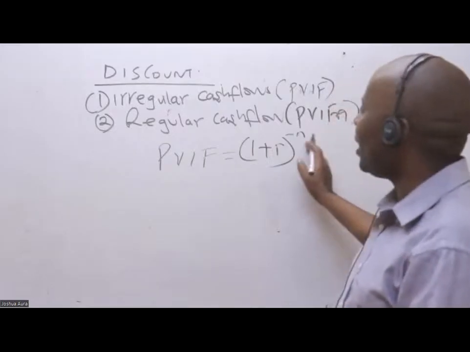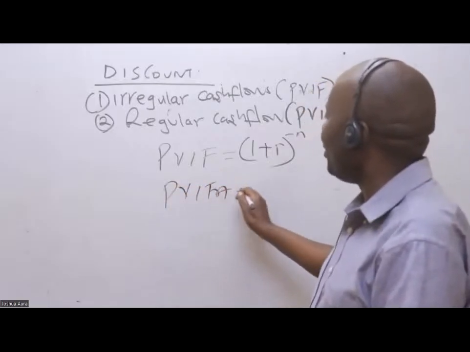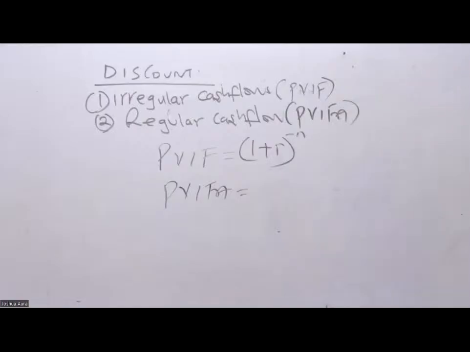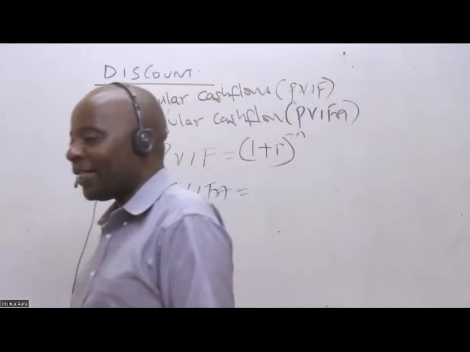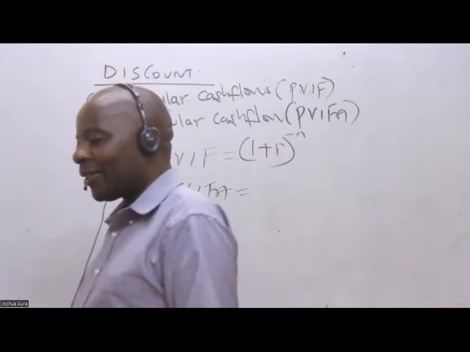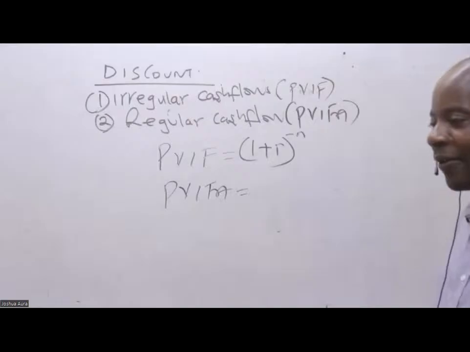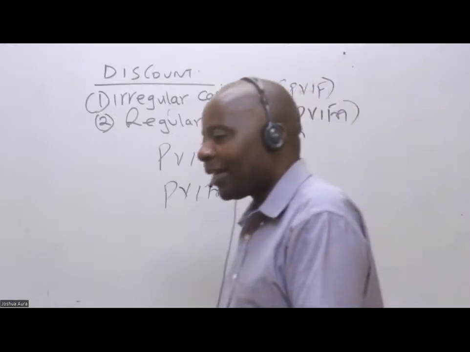Great. And then now we have what we call PVIFA. I'm so sure most of us will not be able to remember the formula of PVIFA, present value interest factor of an annuity. Suyanka already has written a formula. Suyanka is quite right. Great. Thank you very much.